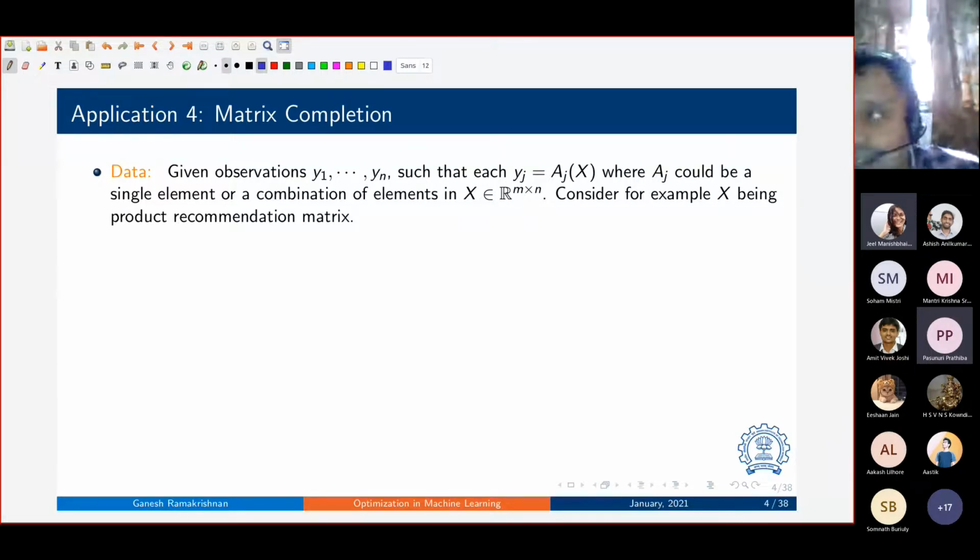So let's say we have different people having purchased different products. You could have users. My rows are going to denote users, and the columns are going to denote, say, products.